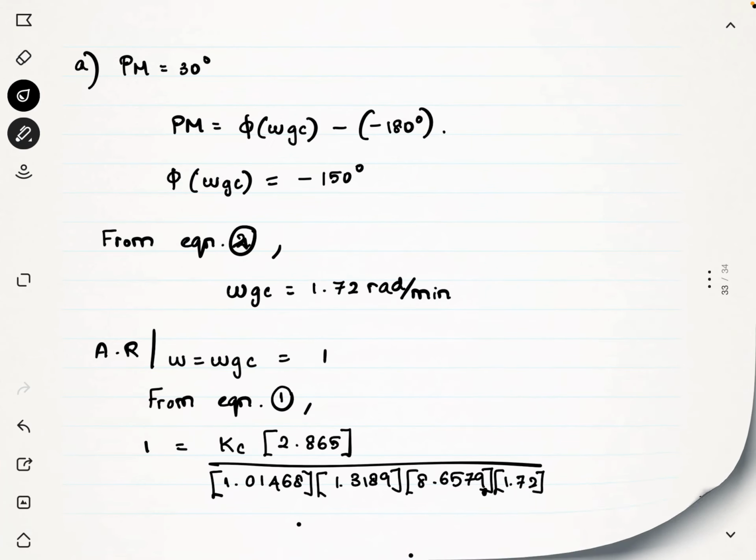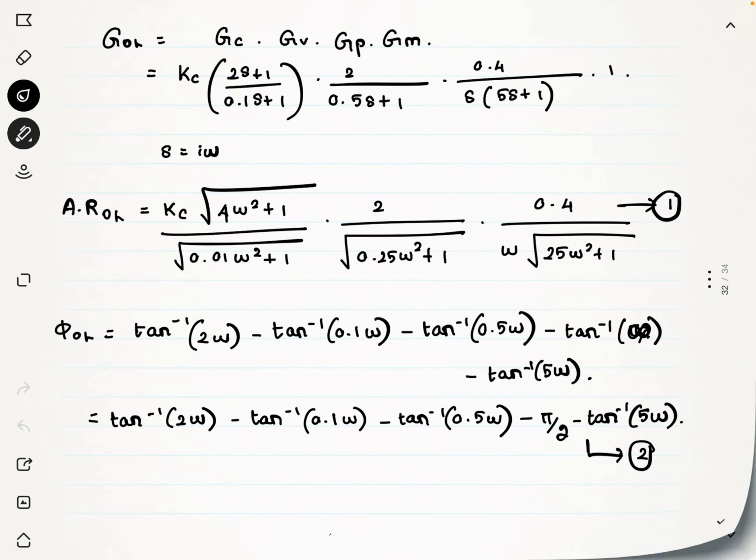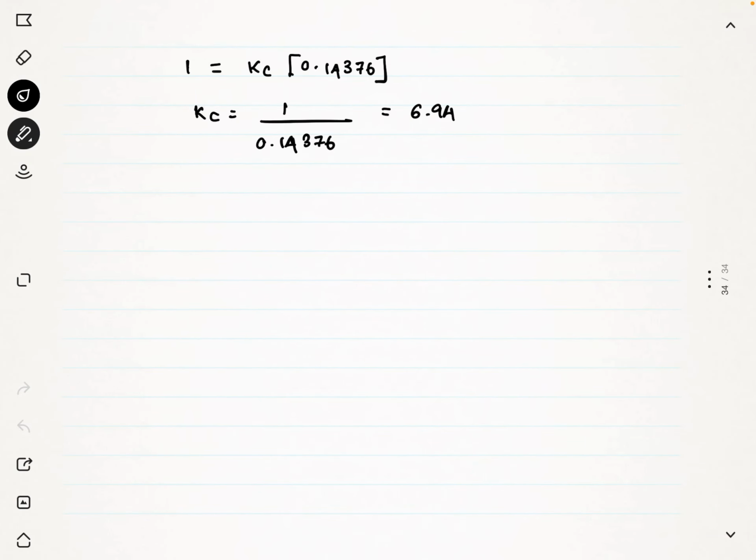Now in our second subdivision, we have been asked to find the gain margin when Kc is equal to 10. So now we assume Kc is equal to 10. We have to find the gain margin, which is the inverse of the critical amplitude.